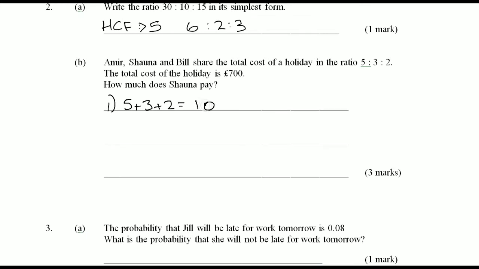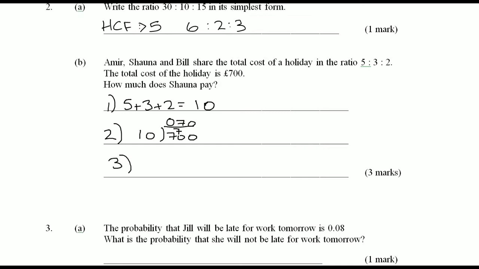And that basically says, if I was breaking it down simply, 5 to 3 to 2, for every £5 that Amir pays, Shauna pays 3, and Bill pays 2. So they would pay £10 each at a time if you were to role play that one at a time. Next bit you want to do is how many 10s are in 700? There are 70.